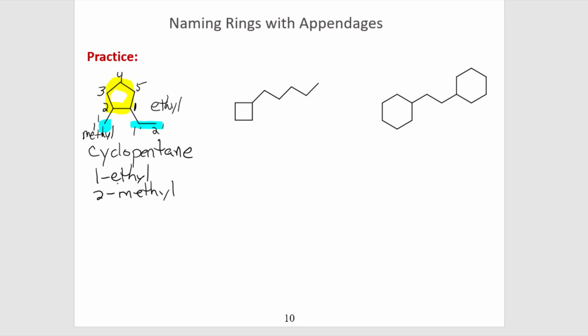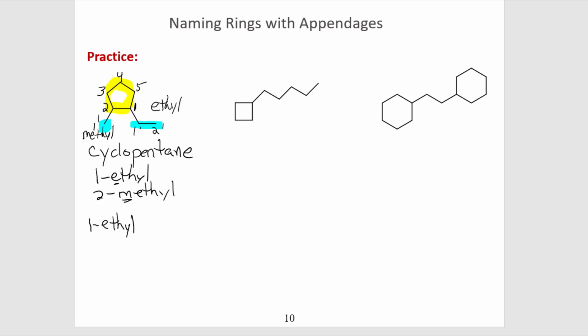So if I put them in alphabetical order, this molecule would be 1 ethyl. The 1 is often, sometimes people leave a number out. If you ever see an appendage without a number in front of it, it's assumed to be a 1. I like to put them in. I just don't want to assume. There's so many assumptions in organic chemistry.